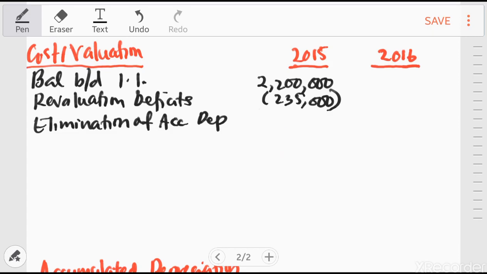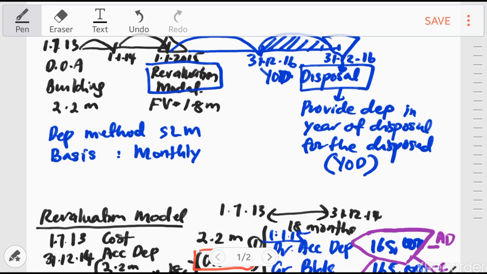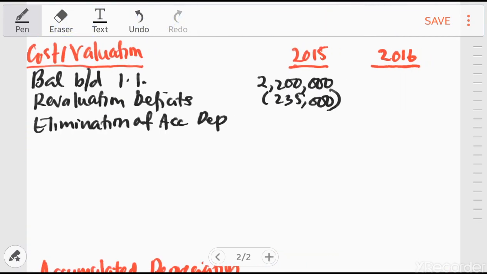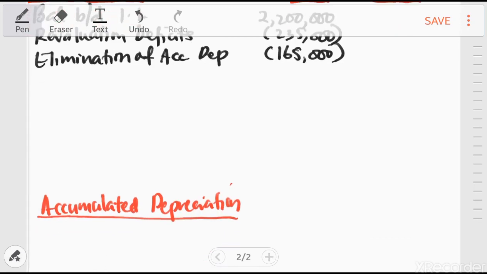So if you look in the previous section, as at 31st of December 2014, the accumulated depreciation was 165,000. So that is the one that is also on 1st of January 2015. So I put here 165, and that needs to be removed because we debit accumulated depreciation. Right, that is the part on costs.